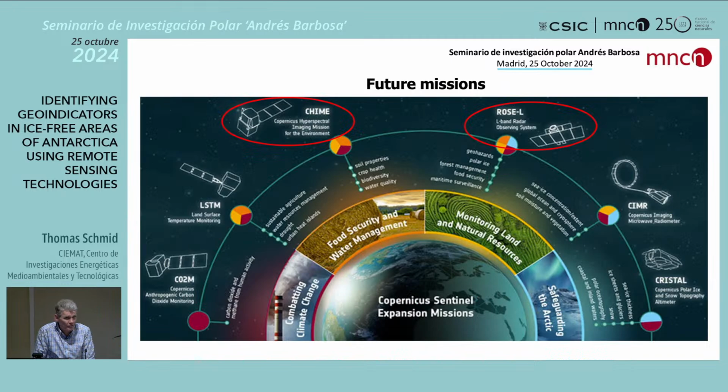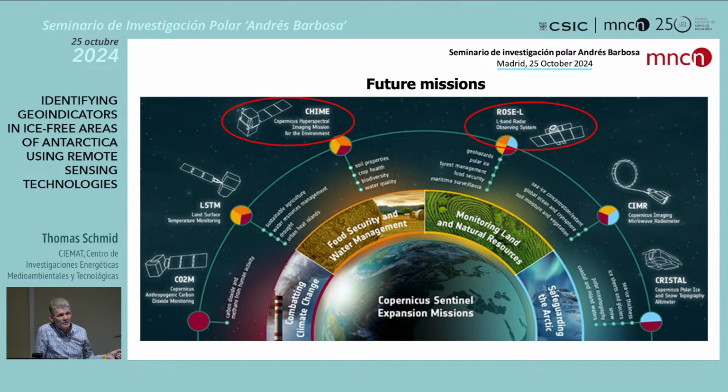Why? Because there are future missions coming along. This is a really exciting time for someone who's in remote sensing, because technology has improved. You have better sensors, better hyperspectral sensors in the optical region. You have better radar sensors. I've marked here in red the optical CHIME sensor, which will be in continuous.